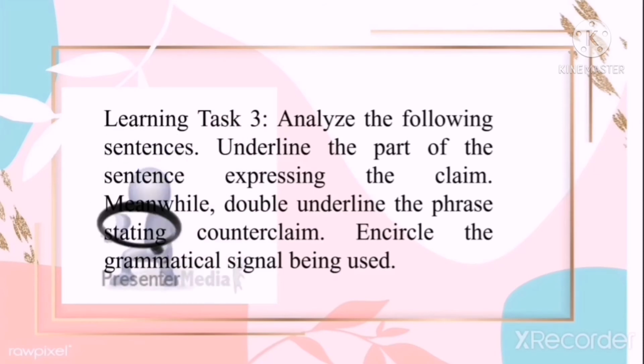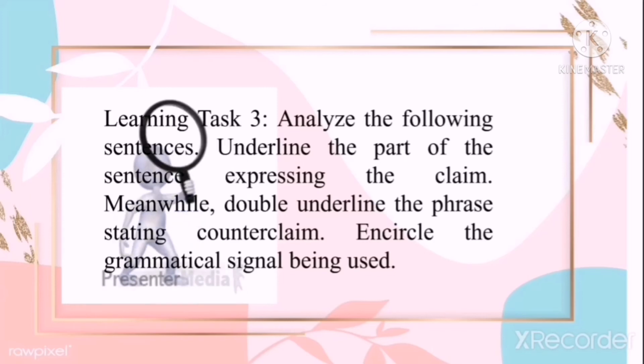For learning task number 3, analyze the following sentences. Underline the part of the sentence expressing the claim. Meanwhile, double underline the phrase stating counterclaim and circle the grammatical signal being used.